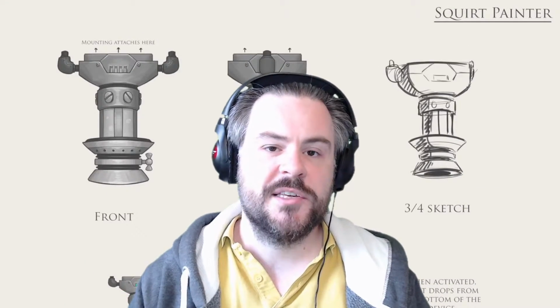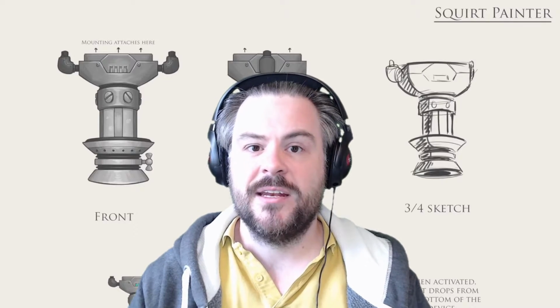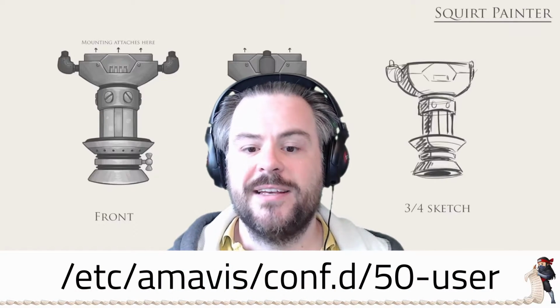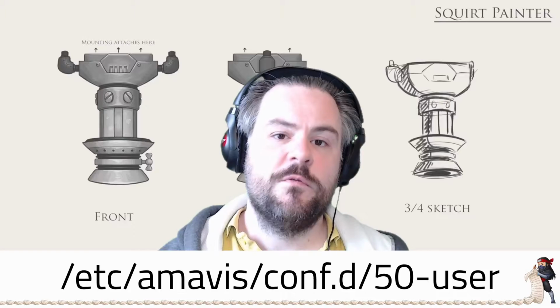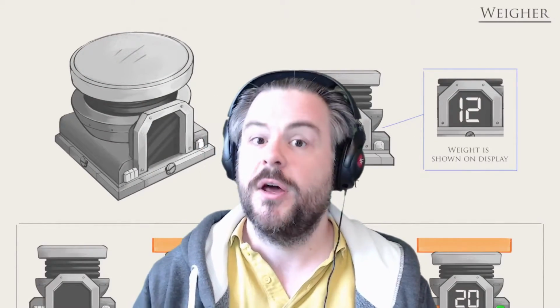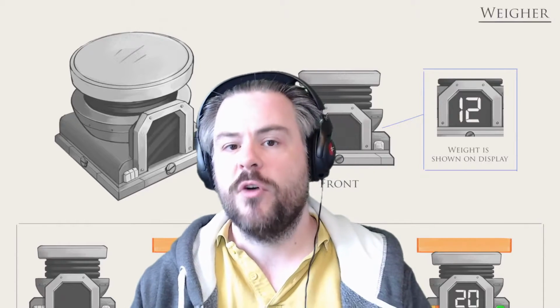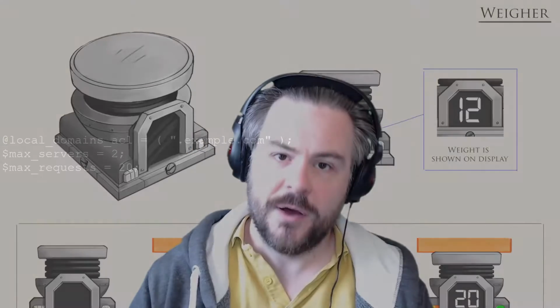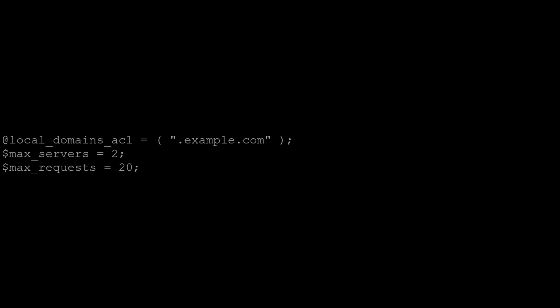Now if I'm going to override this and use a manual setting, we can actually put that in a different file. We can go and find the file 50-user. Now the way these config files work is that a file that starts with a higher number, so 50 user rather than 05 domain ID, will override a setting in a lower numbered file. So here we can just set the local domains ACL manually to example.com.